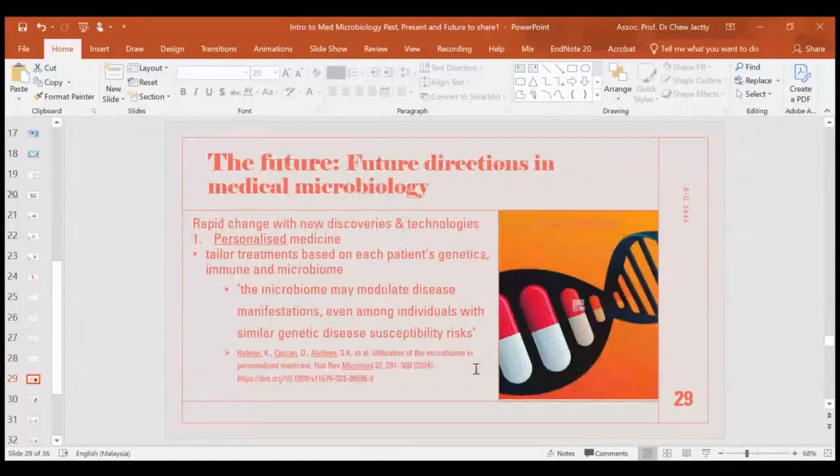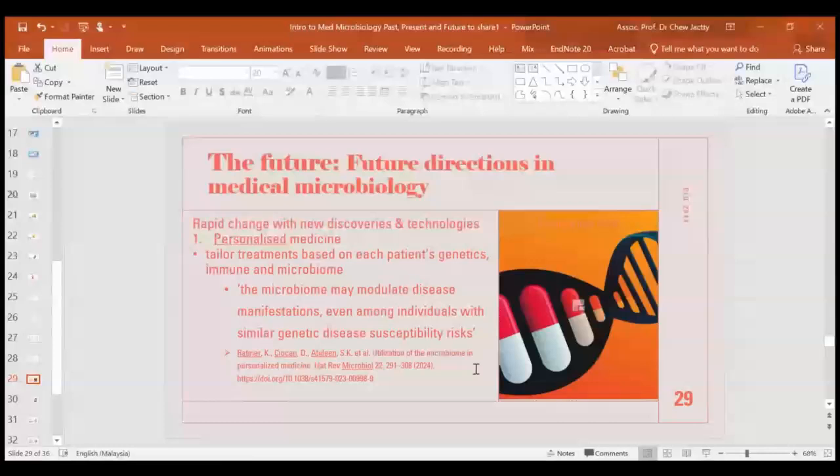The technology and new discoveries are happening very quickly. There have been a lot of changes in the past 10, 20 years. So personalized medicine is one, in my view, for medical microbiology. It's just like any other disease: the infections that happen in an individual should be treated in a personalized way.